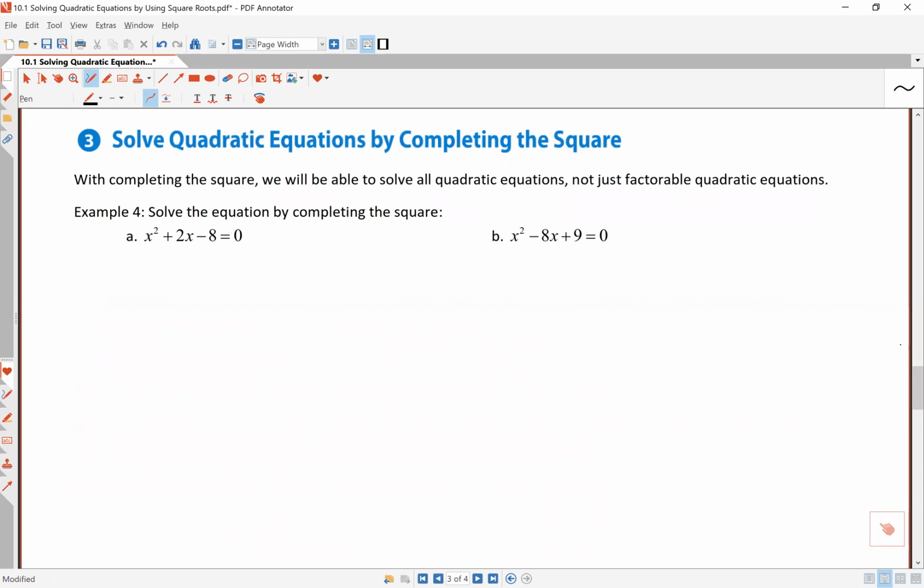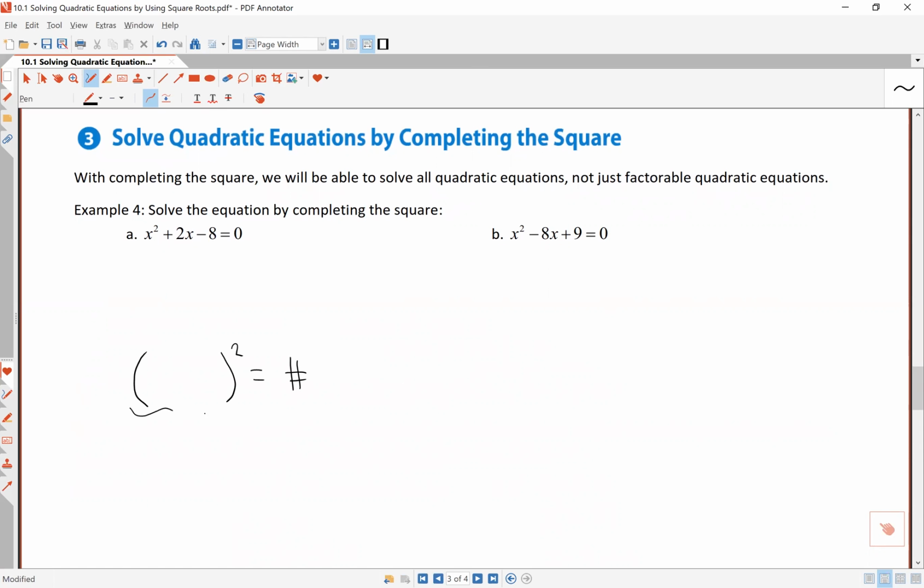Example 4, solve the equation by completing the square. Our goal is to write our equation in the form of the square of a binomial equals a number. We have to use our process of completing the square to obtain this square.